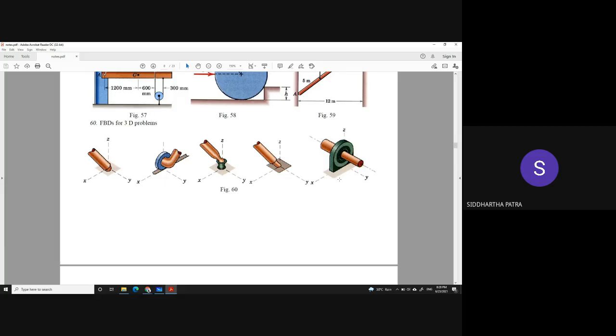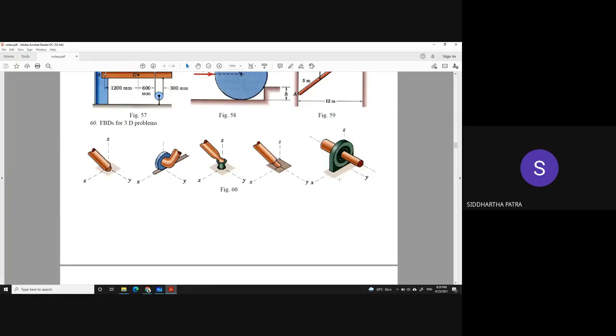Now what about Rz? Will there be a reaction force in z direction? Yes, sir. Because the motion in z is also prevented. Next, talk about rotations. It is obvious that it can rotate about the y-axis, so there would not be any reaction moment in the y direction.